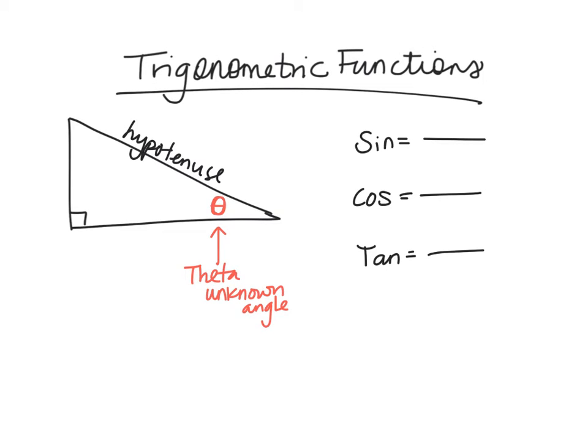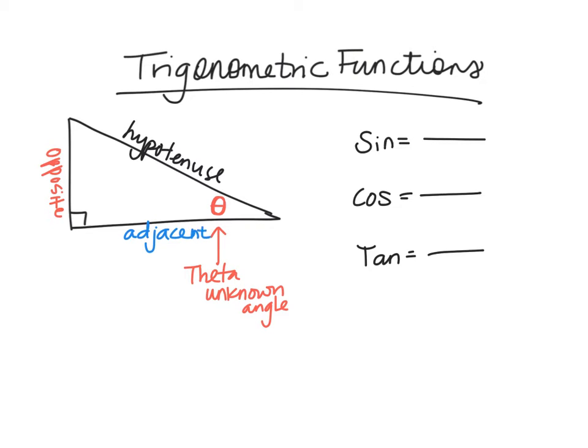And then there is the side across from this angle. So this side that is across on the other side of the triangle is called the opposite side. And then the side next to it, the side that is shared as part of that specific angle, is called the adjacent side.